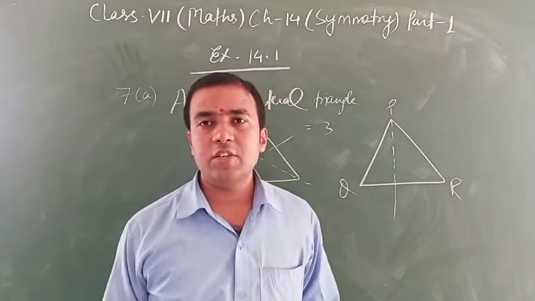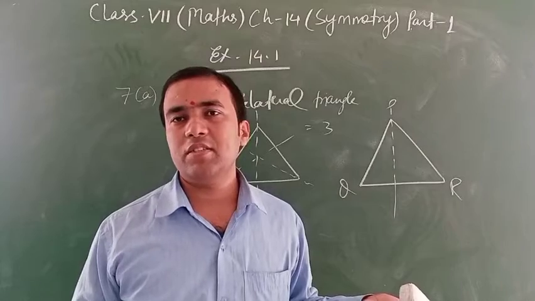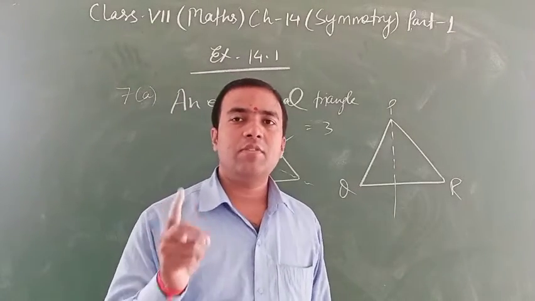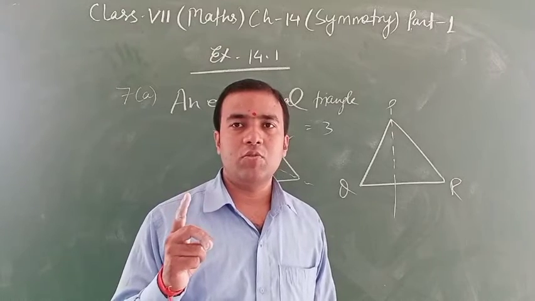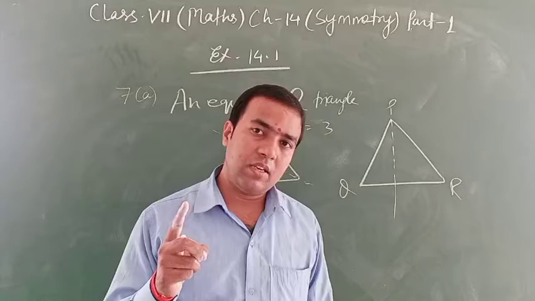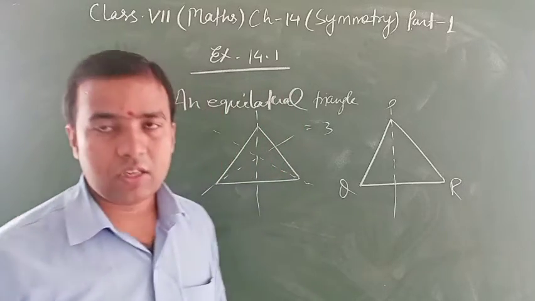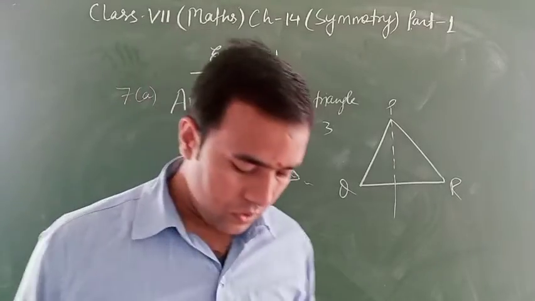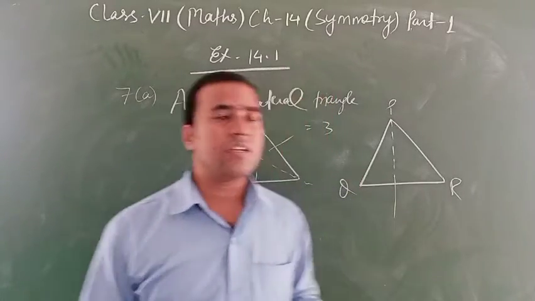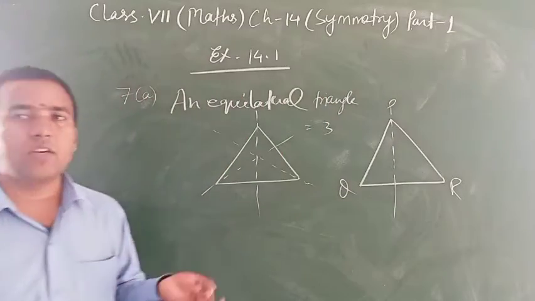A scalene triangle has no sides equal. It means there is no line of symmetry. I told you what a line of symmetry is. If you understand that carefully, you can do this. Clear? Line of symmetry means similar or exact correspondence between different things.